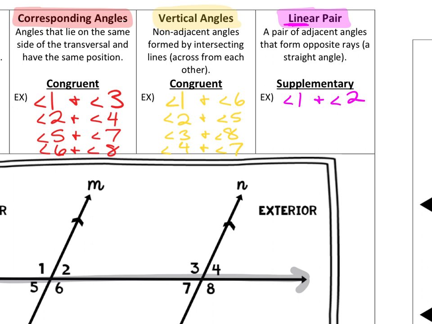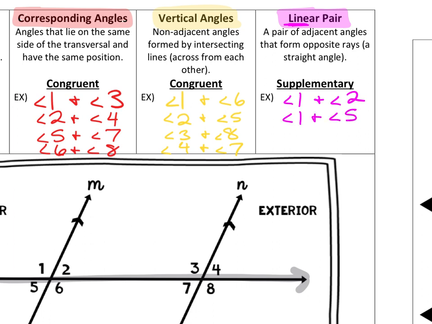What else does angle 1 make a straight line with? Ooh, look, that's the corresponding part. So 3 is corresponding to it. It has to literally be touching it and make a straight line. So if you look, 5, isn't it touching it and makes a straight line? It's just like that parallel line instead of the transversal. That's great. So we also have a linear pair with angle 1 and angle 5.